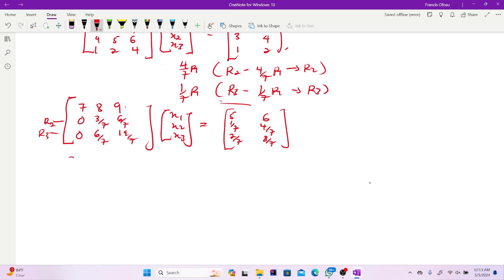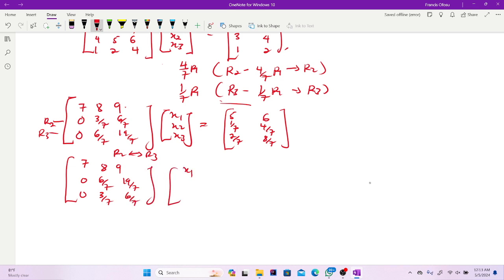So when I do swapping, I'm going to simply get 7, 8, 9, 0, 6 on 7, 19 on 7, 0, 3 on 7, 6 on 7, x1, x2, x3, right? This is equal to 5, 2 on 7, 1 on 7, then 6, 8 on 7, 4 on 7. I've also swapped this side too, like this.